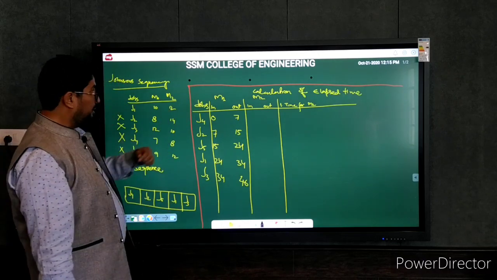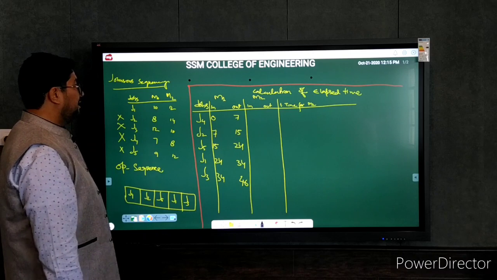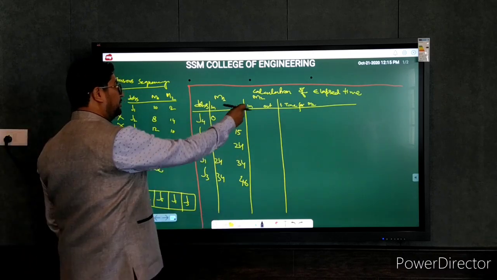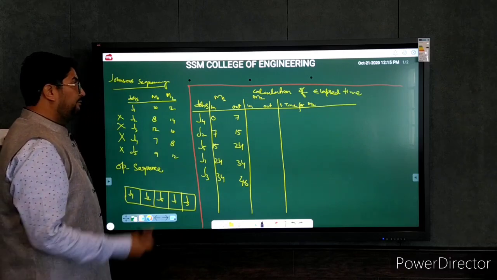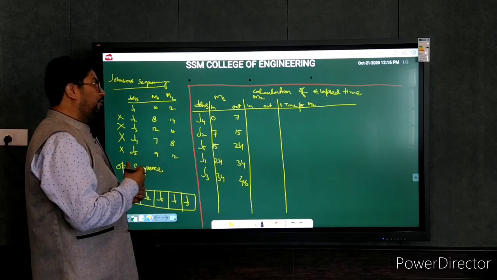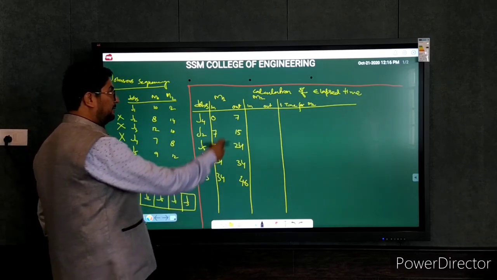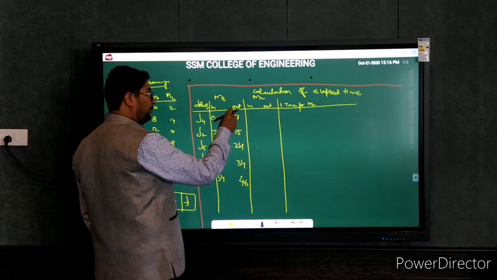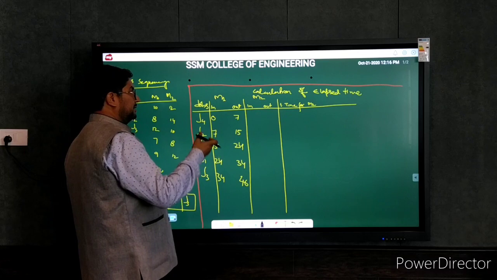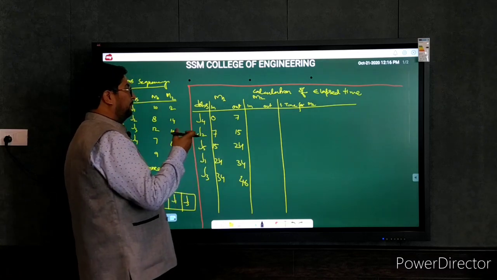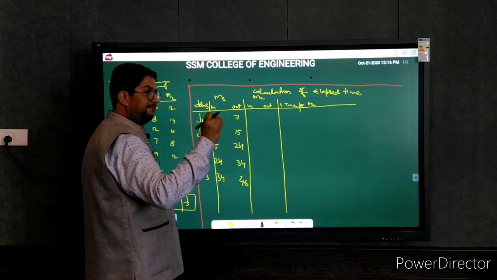Now we'll talk about machine second. In machine second, we'll have to take job 4 first. When will job 4 be taken by machine 2? It will not be taken before 7, because before that job 4 was with machine first.